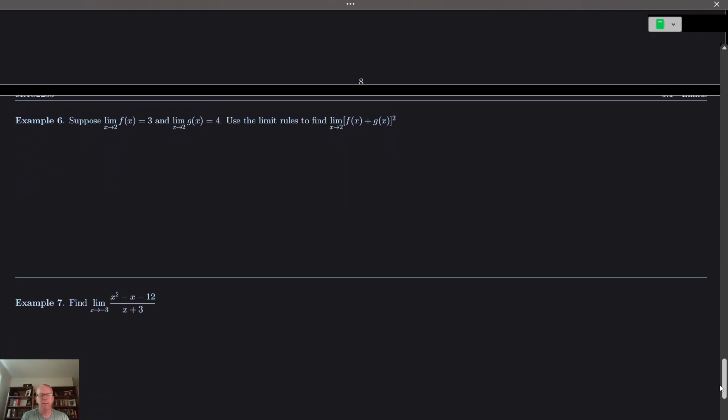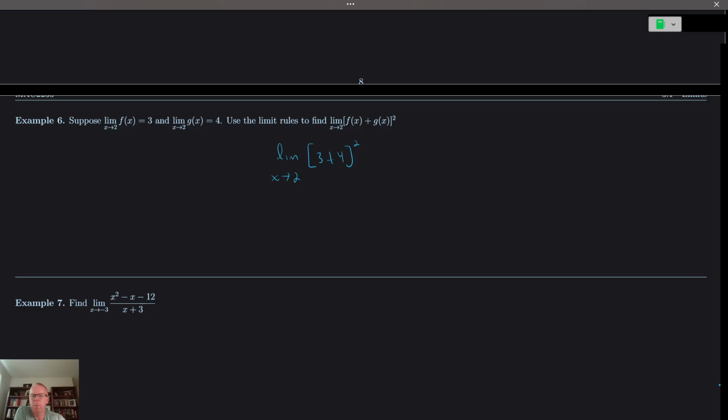All right, let's see an example of this. We have the limit as x approaches 2 of f of x is 3, and the limit of g of x is 4. We need the limit as x approaches 2 of f of x plus g of x, squared. We could split this up, but probably the easiest thing would just be to plug these in.